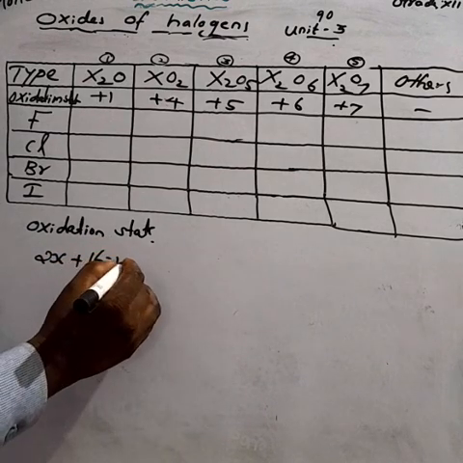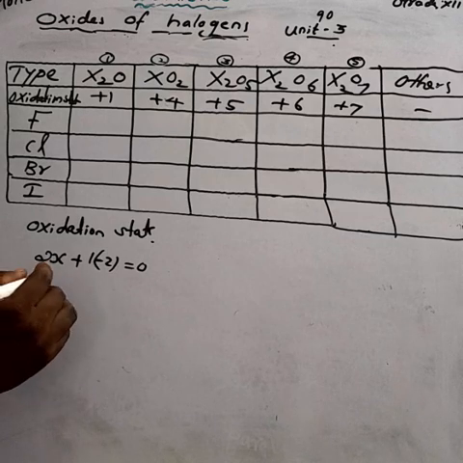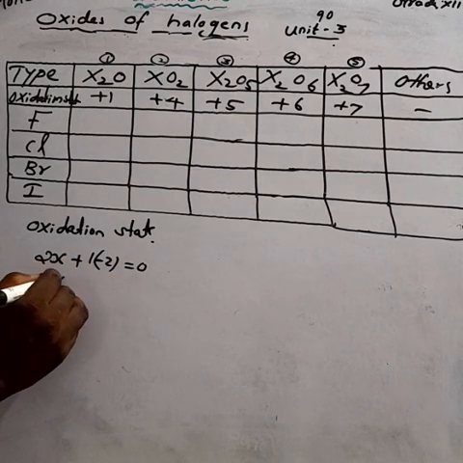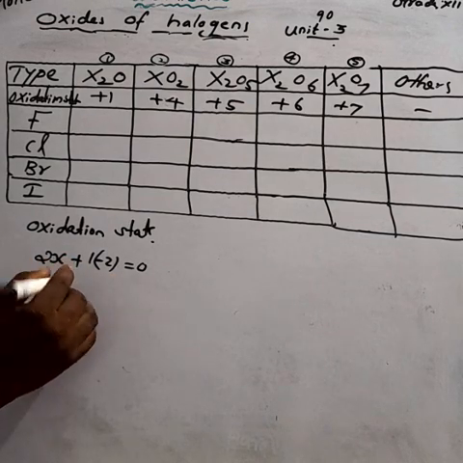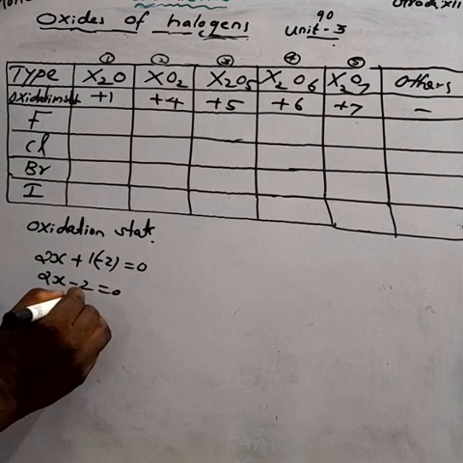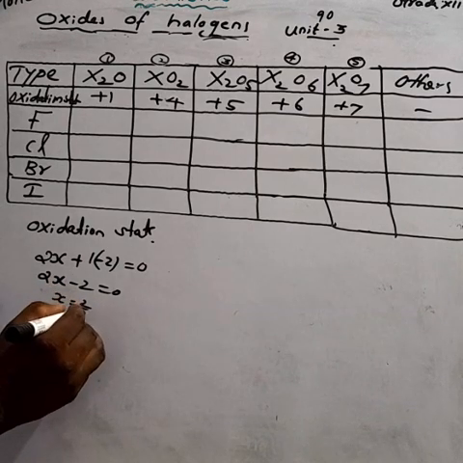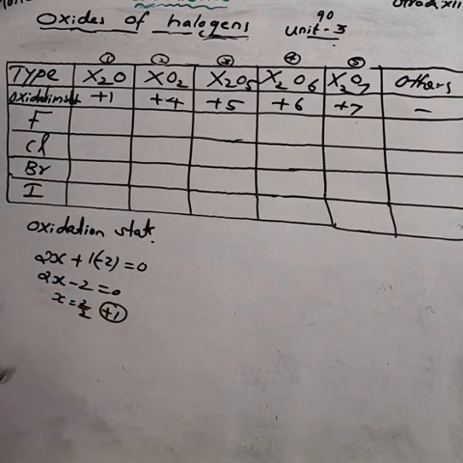Don't forget that. So 2x plus 1 into -2 equal to 0. 2x minus 2 equal to 0. X is equal to 2 by 2, that is 1. Plus 1 oxidation state.